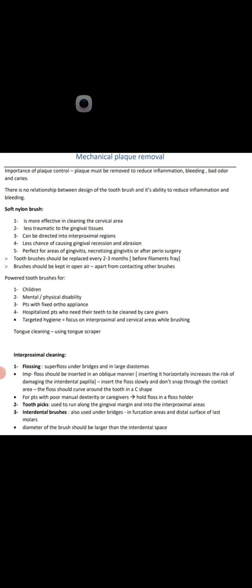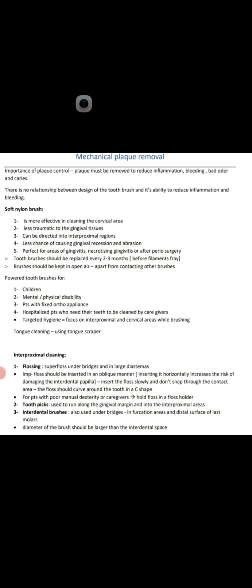Now we divide mechanical plaque control into number one, the toothbrush, and second, the interproximal cleaning aids, also known as interdental cleaning aids, meaning the area between two teeth.